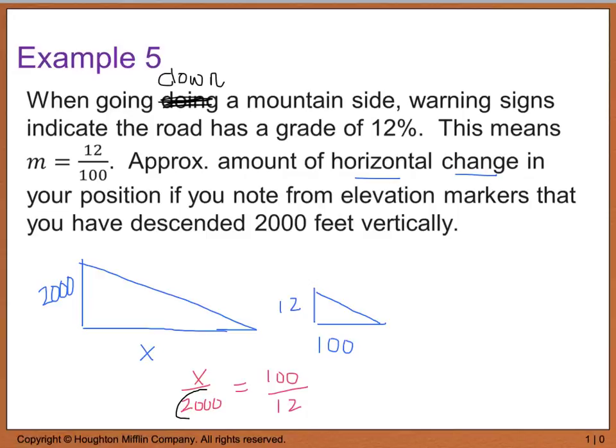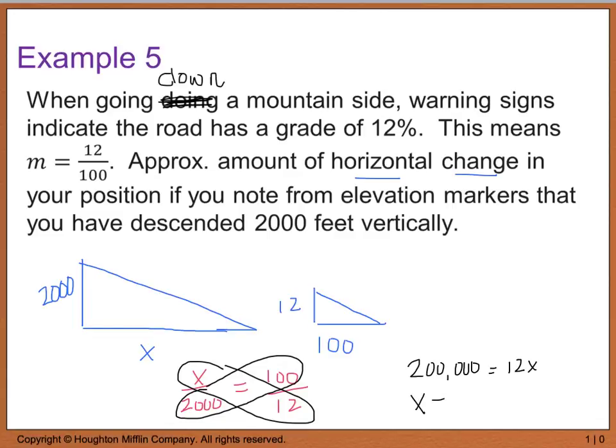So I'm going to multiply 2,000 by 100, set that equal to 12 times x, and that gives us 200,000 is equal to 12x, and when you simplify this, you end up with x is equal to 16,666.7 feet. And that would be your final answer then.